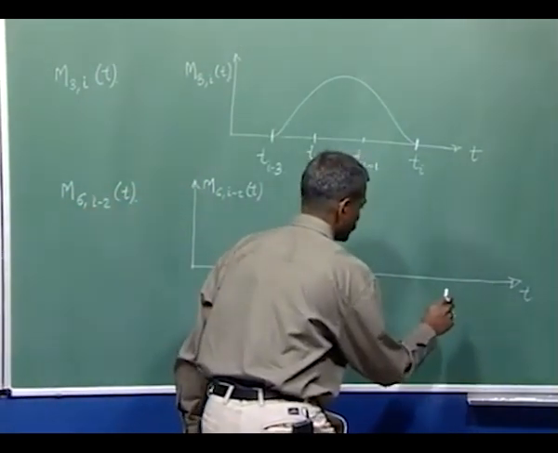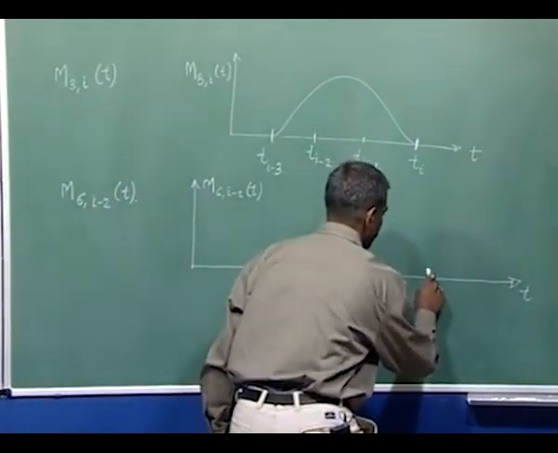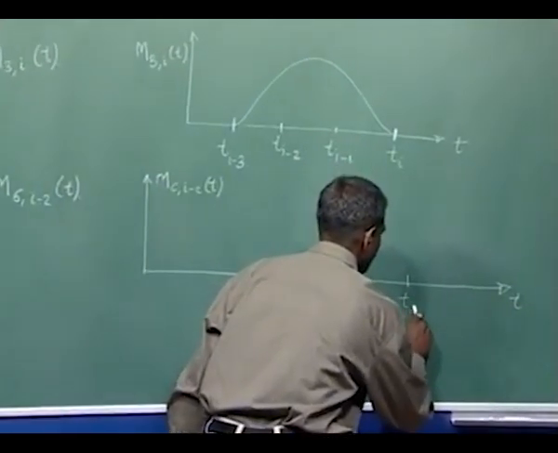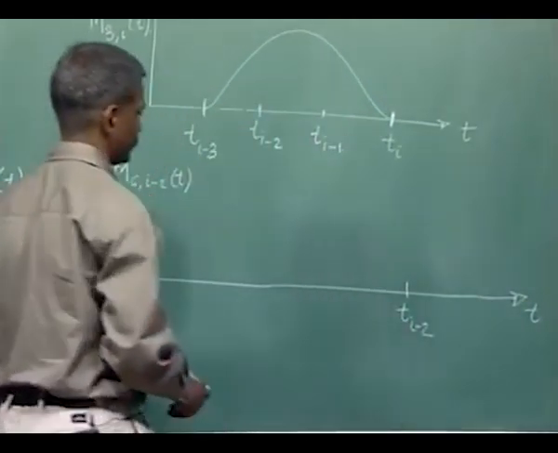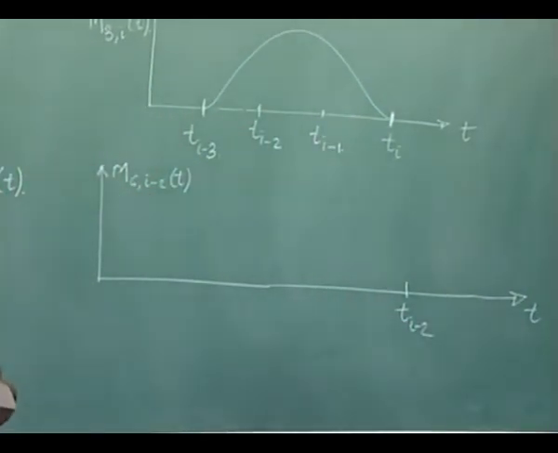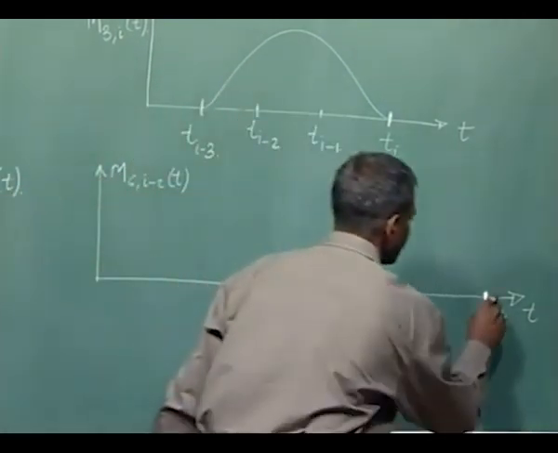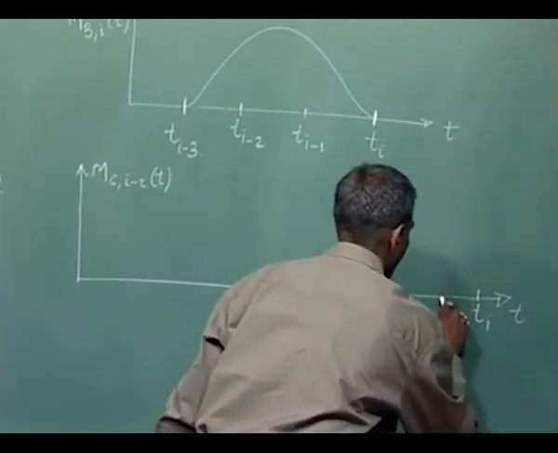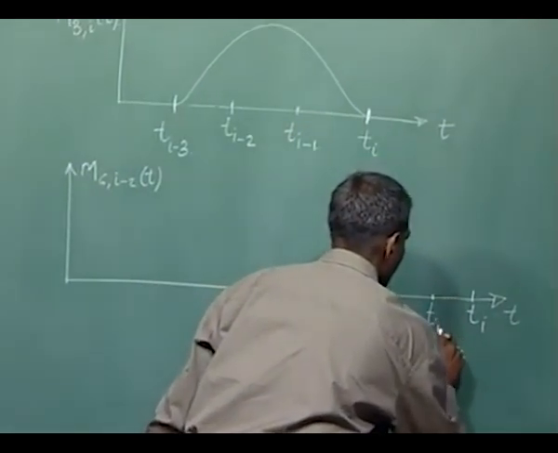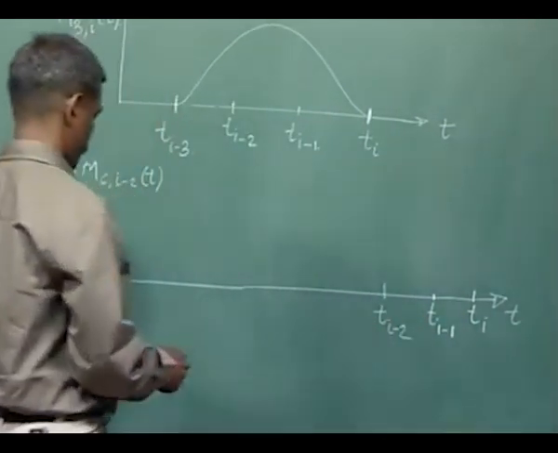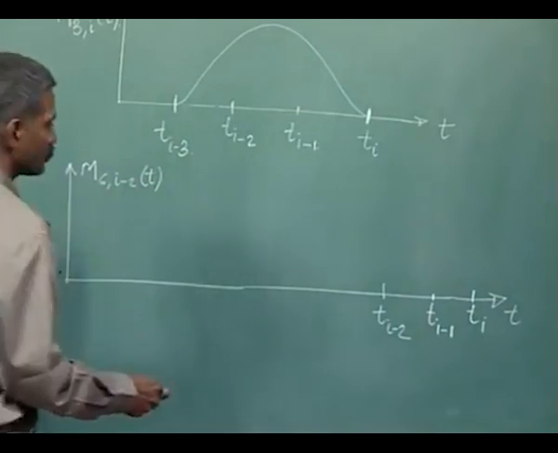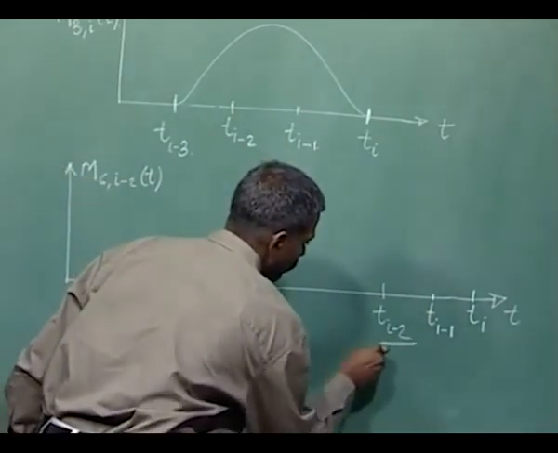Step 1 is to plot again the last knot. This would correspond to t_(i-2). Let me give you a little perspective here. I'll also plot t_i and t_(i-1), but this would be the knot which would be important for me at this time.